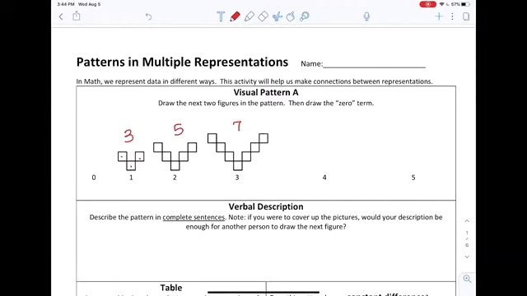You can notice pretty quickly that there is a pattern, which is that squares are adding by 2. So if I look at the 0th figure here, it is going to give me 1 square. Let's check.